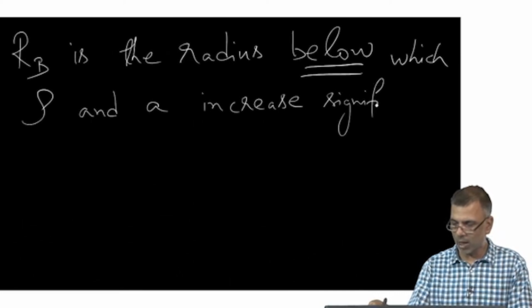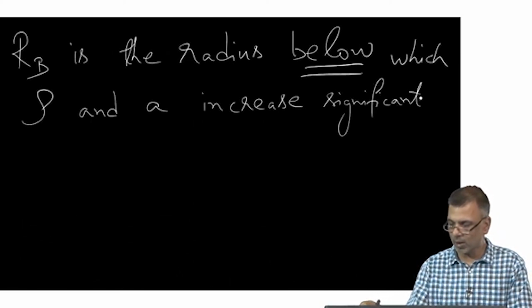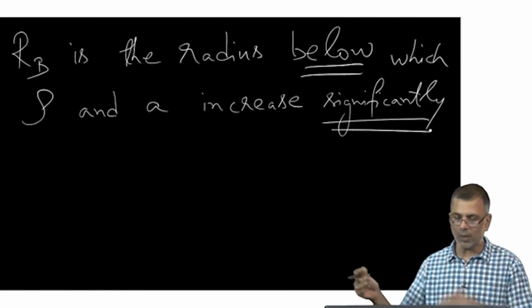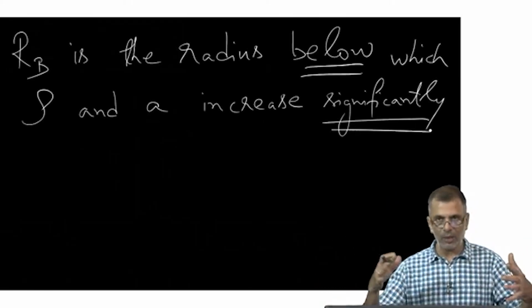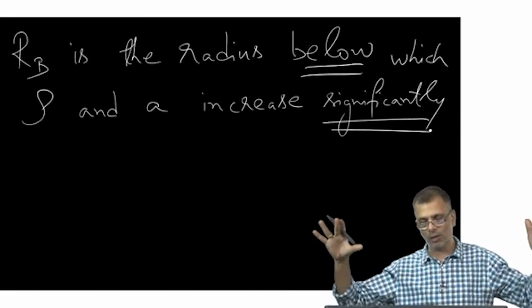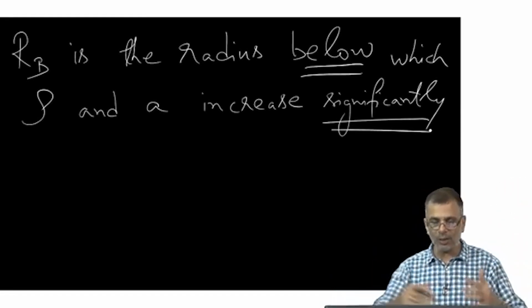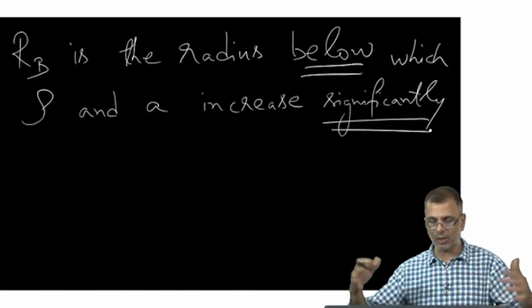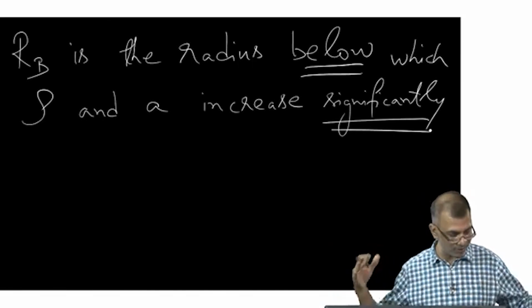So, up until the RB, the density and the sound speed are pretty much the same as what they were at infinity. It's only within this RB that the density and sound speed increase significantly.